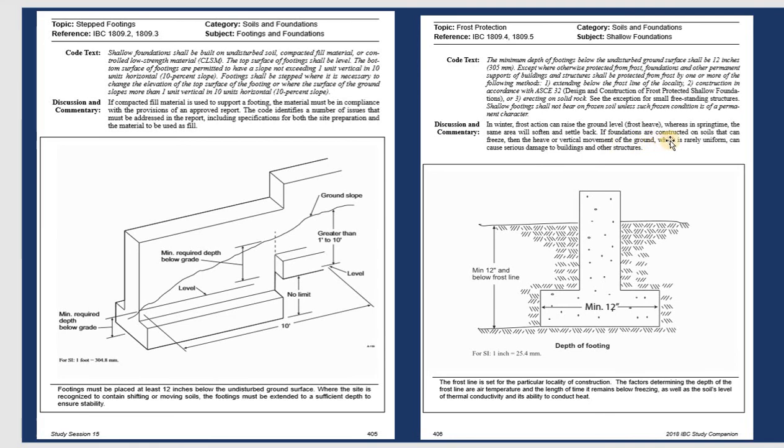If the foundation is constructed on soil that freezes and has vertical movement, some kind of movement like this, and it is rarely uniform, it can cause serious damage to the building and other structures. That means the foundation depends on the frost line action, which is not fake, and the damage to the building is serious if you do not follow the code.